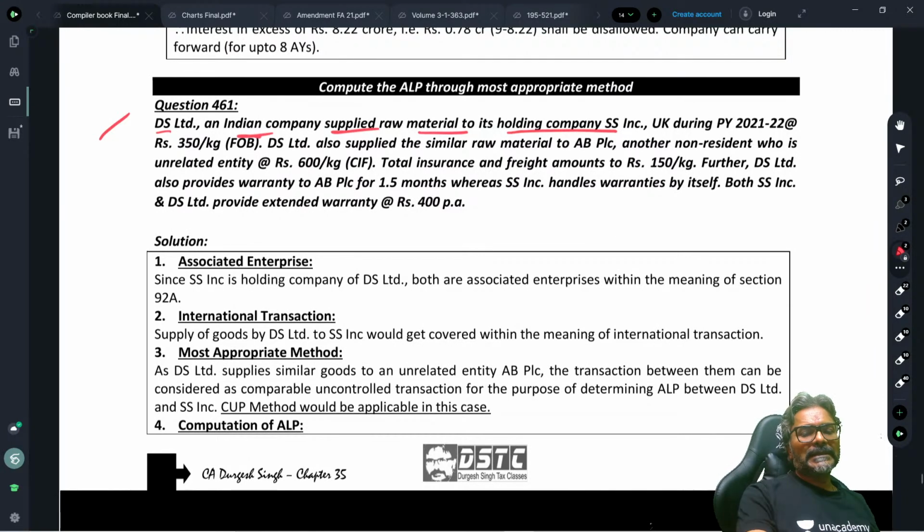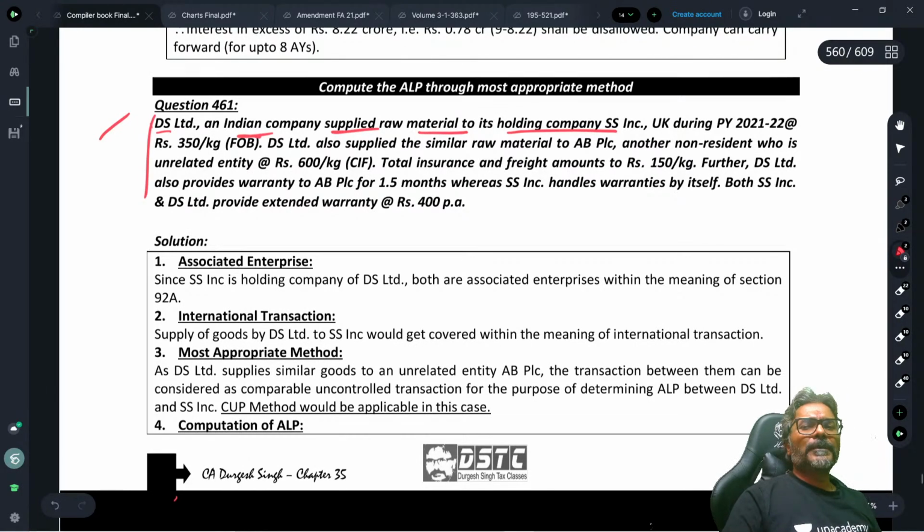To that the answer is yes, students. Both these companies definitely can be considered as associated enterprises. That is what we can say about these two companies, isn't it? So that is the scenario which has been there.